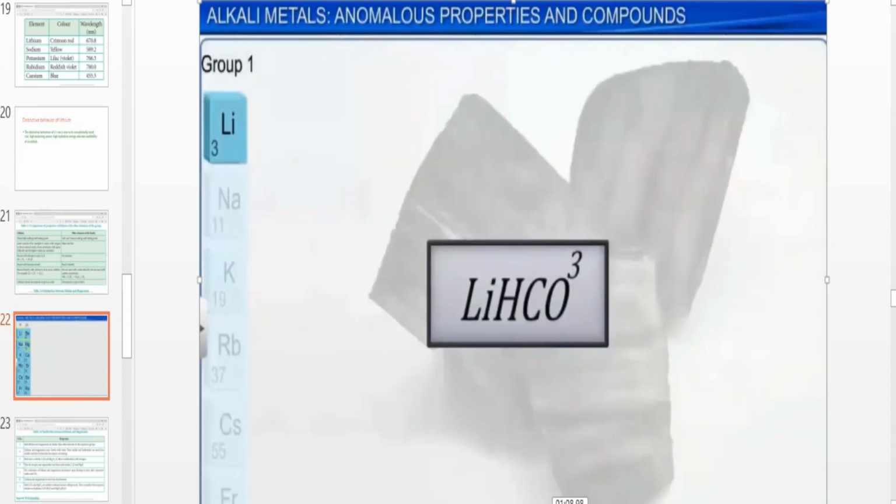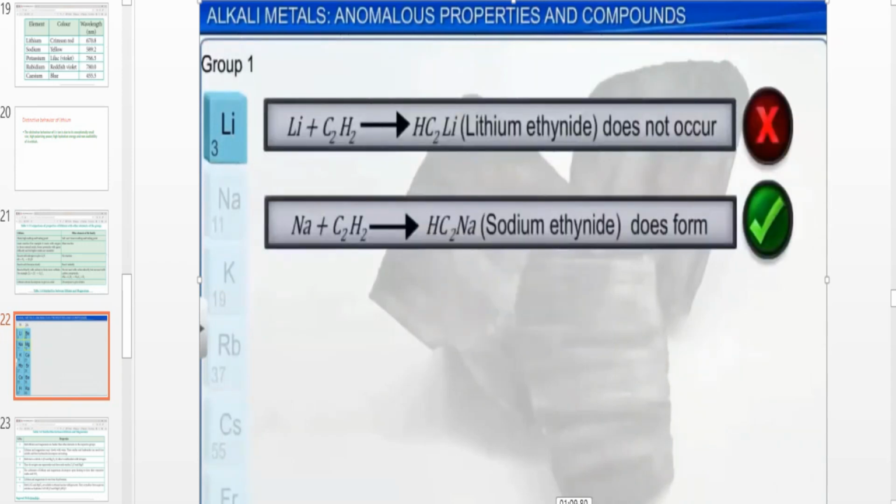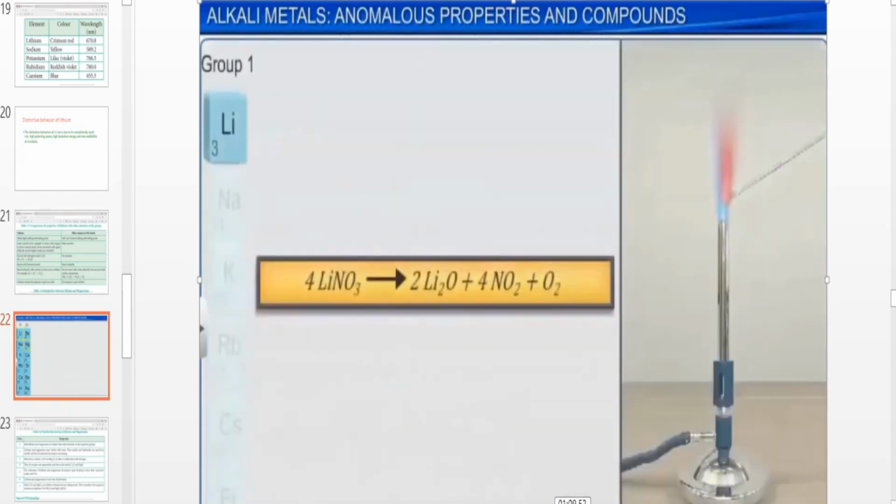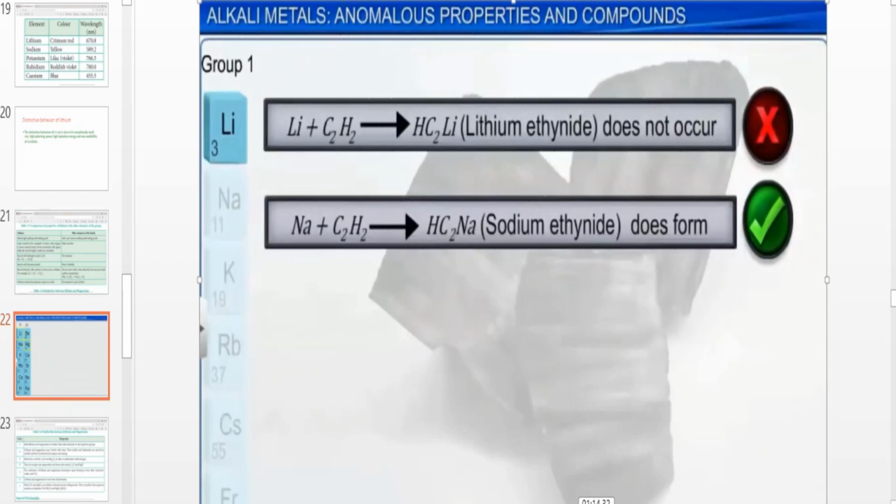Lithium can form bicarbonate, lithium bicarbonate. Lithium does not react with ethylene, whereas sodium reacts with acetylene.